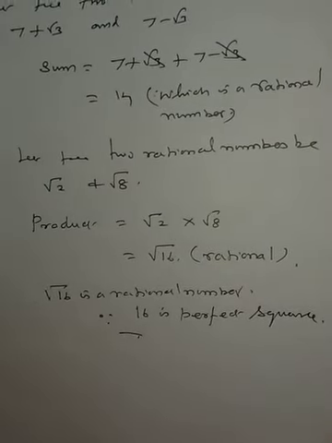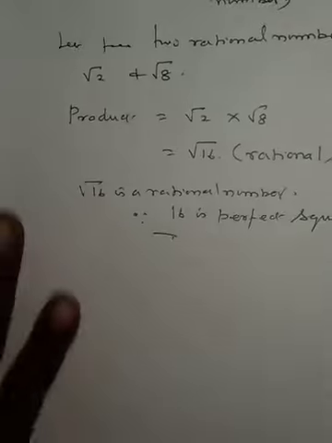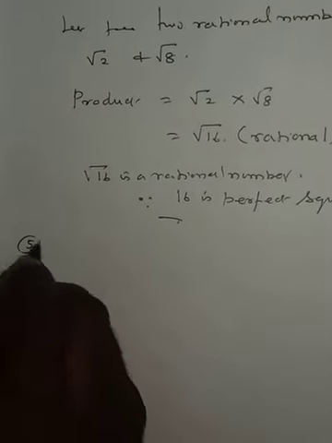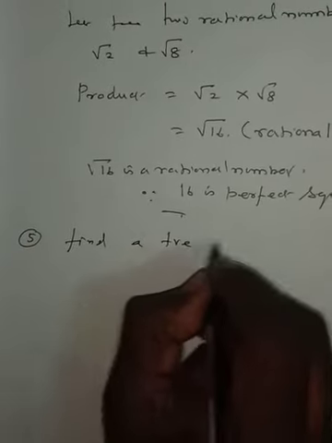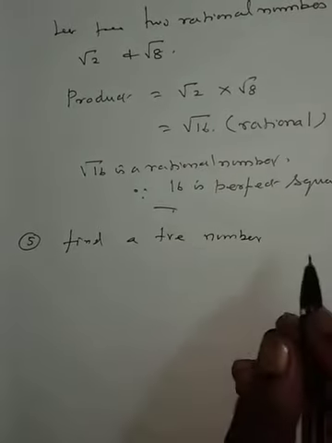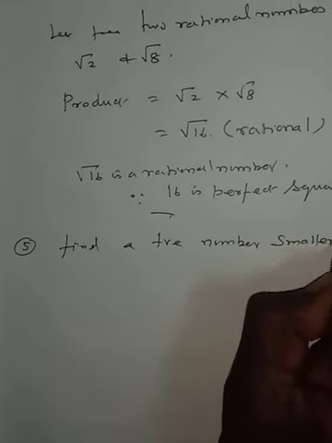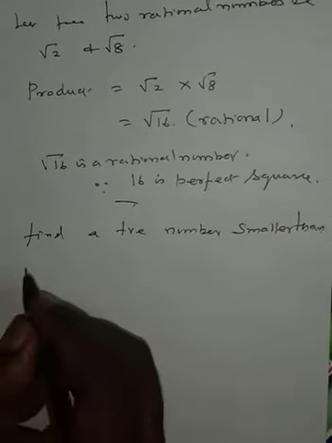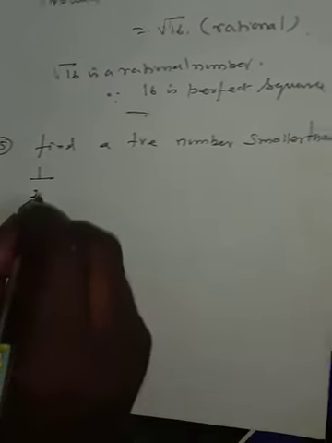Okay, next, question number 4. Find a positive number smaller than 1 by 2 power 1000.